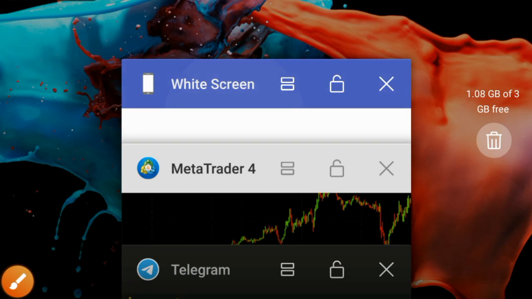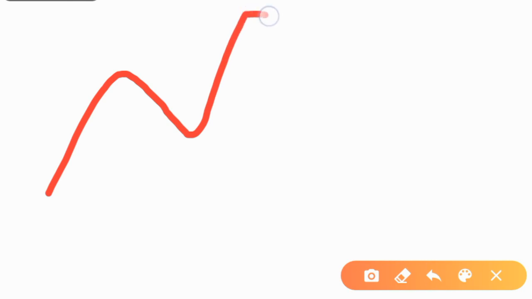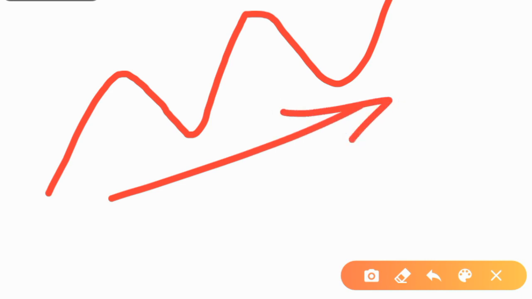Depending on the direction, let's say this is the chart. The market moves higher, pulls back, moves higher, pulls back, and moves even higher. So this is a bullish trend. Then on the RSI, you find that the RSI moves lower and then moves even lower.